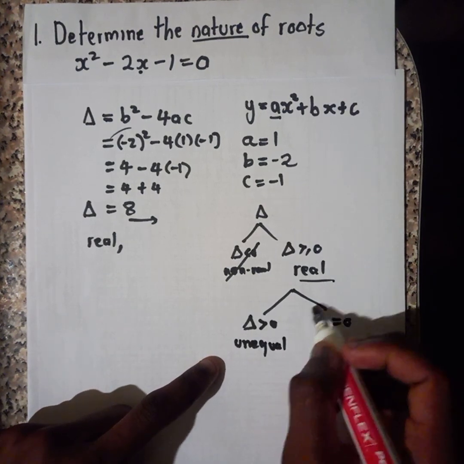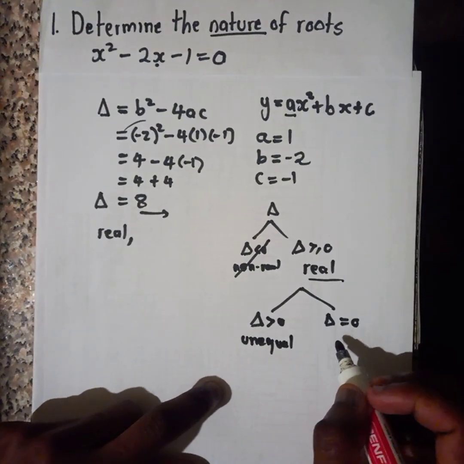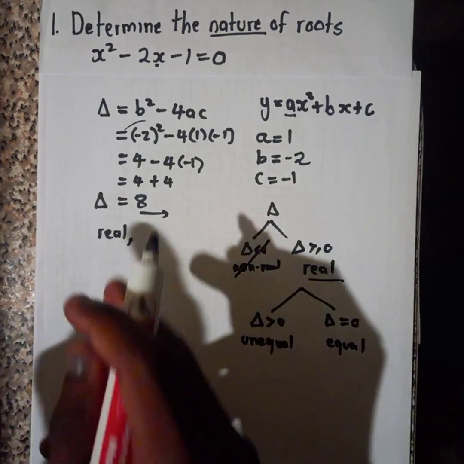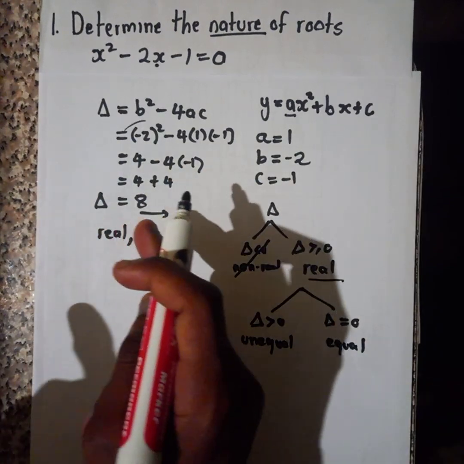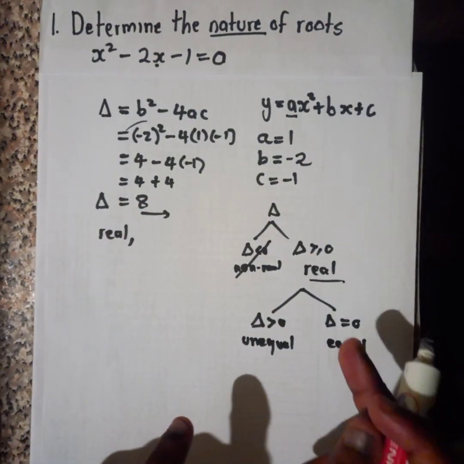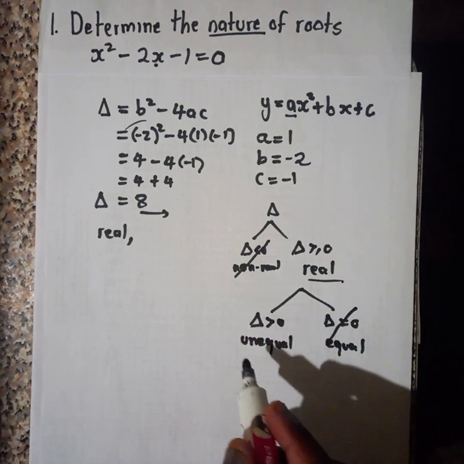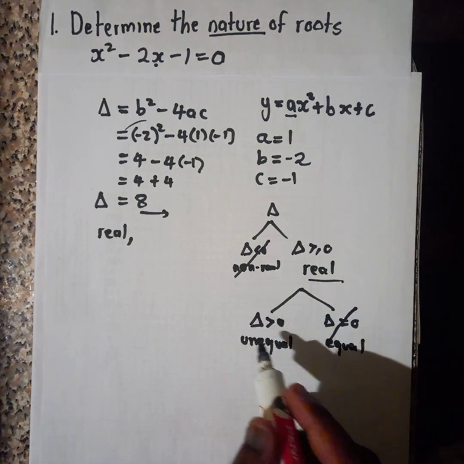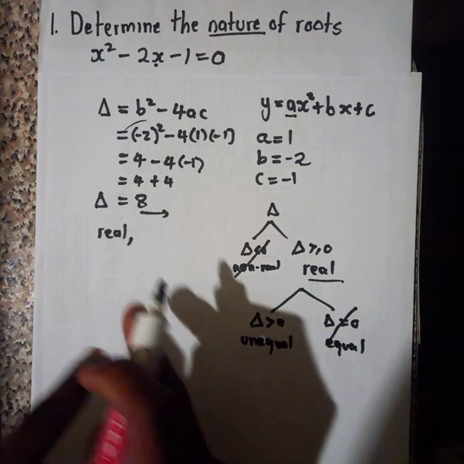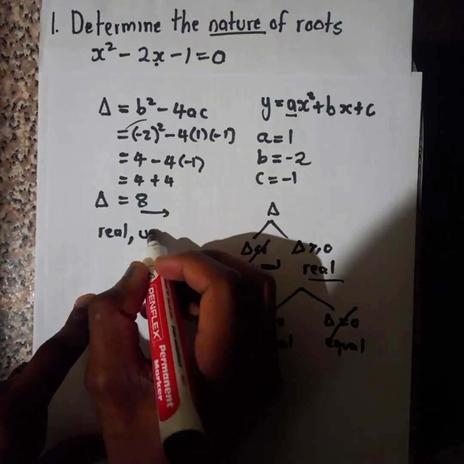Whenever the discriminant is equal to 0, such roots are equal. Then let us go back to our value of 8. Is 8 equal to 0? Definitely not. Then we are going to cut this one out. We are left with a discriminant which is greater than 0, not equal to 0. That means this 8 will represent unequal roots.